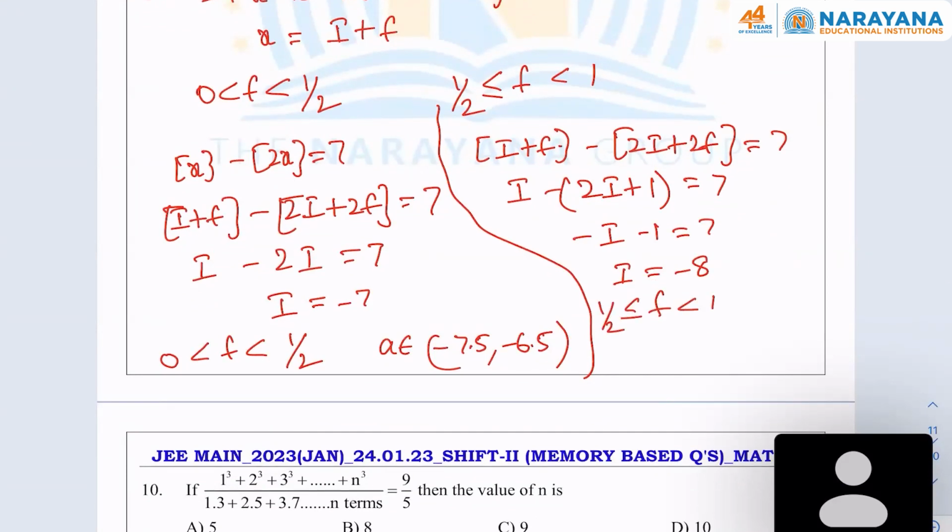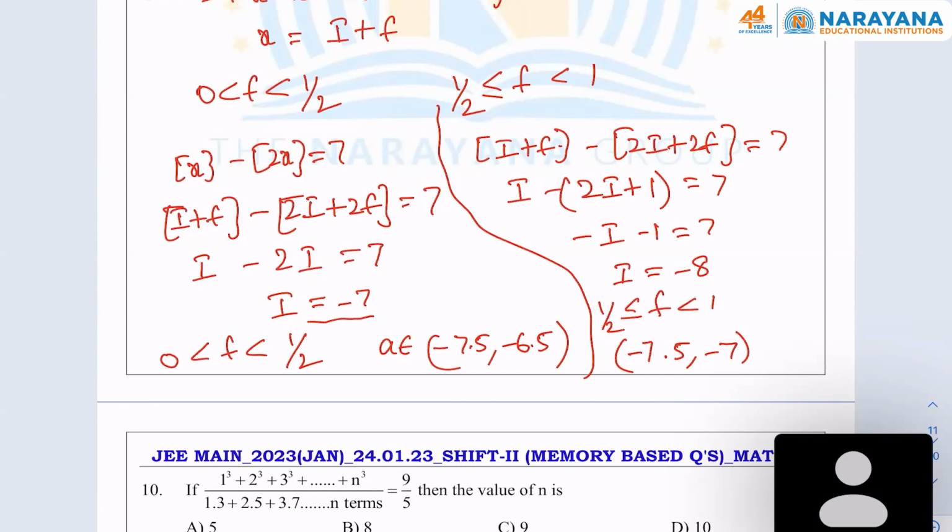So what is the range of this? Minus 8 means the range is minus 7.5 to minus 7. And in the first case, I is equal to minus 7 and f lies between 0 to half, right?